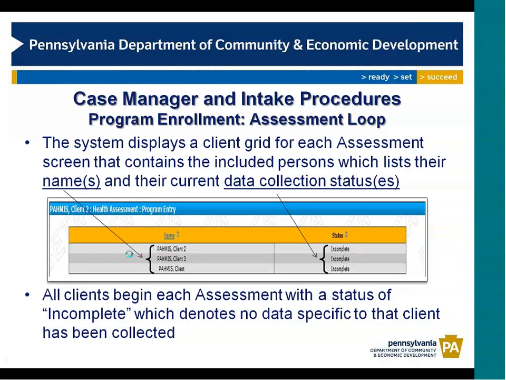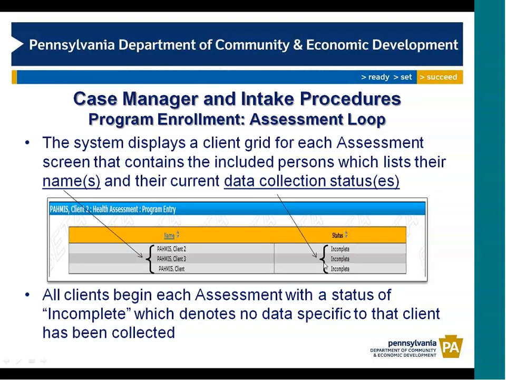Now, as we talked about during the data elements section, where it shows all the clients, it provides a looping process to collect a data element as well as assessment information on a per client basis. We think we did this in a fairly logical, straightforward manner. Hopefully it'll only take a couple of enrollments to get the hang of it.